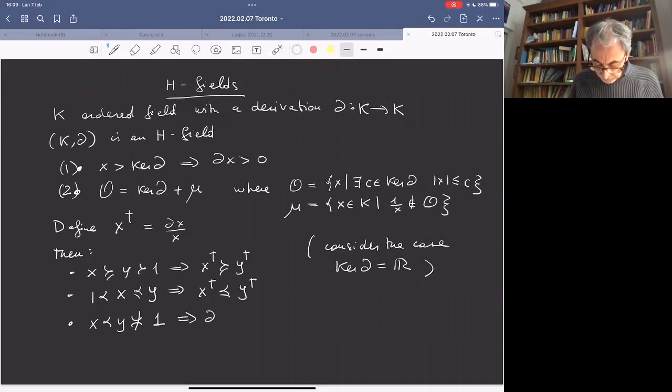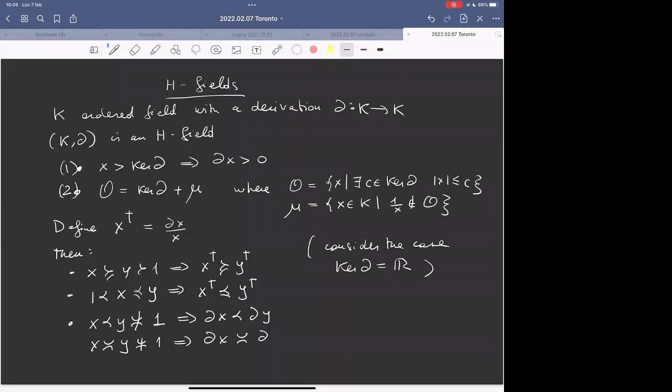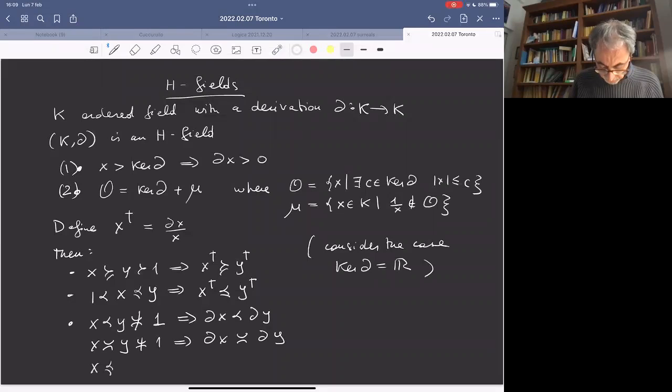Then this is a kind of L'Hopital's rule. So x dominates y if and only if the derivative of x dominates the derivative of y. Same thing if they are comparable. Same thing if they are asymptotic.